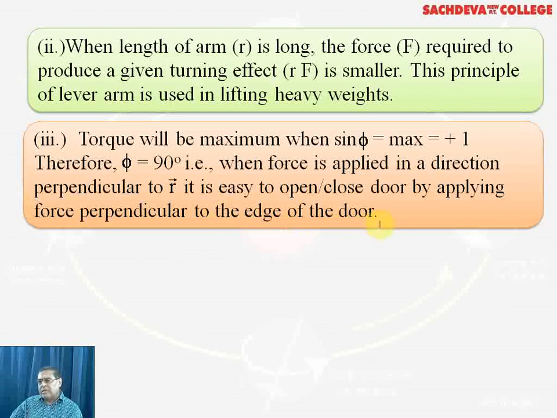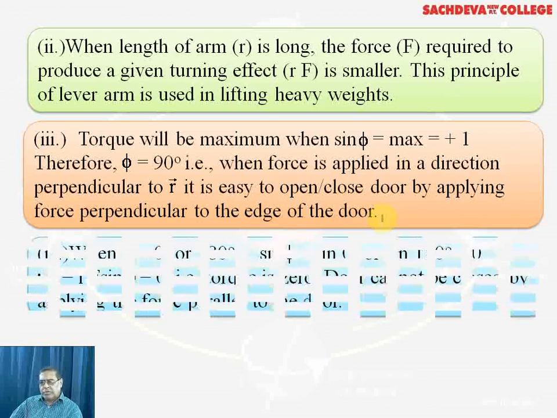In all these concepts, what we find is that the lever arm must be large. A lever is a rigid bar turning about a fixed point called the fulcrum. The larger the length of the lever arm, the smaller the force needed to lift heavy loads.